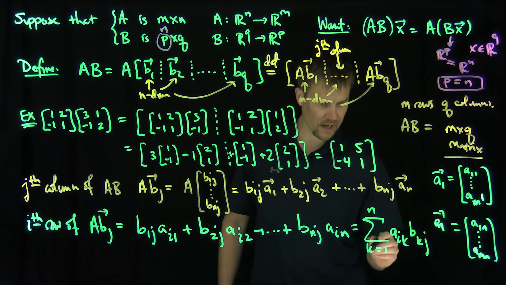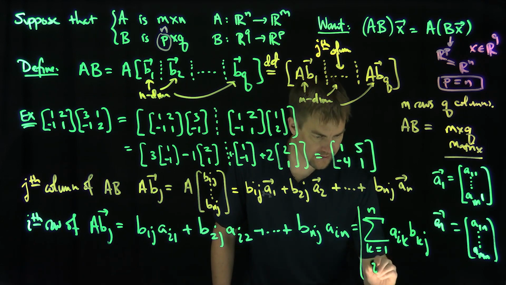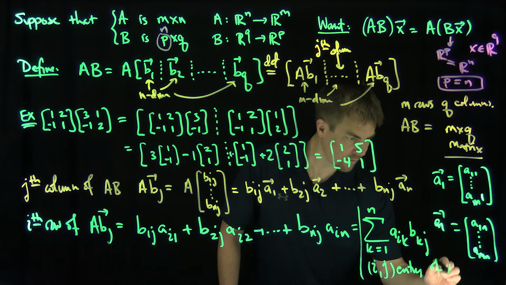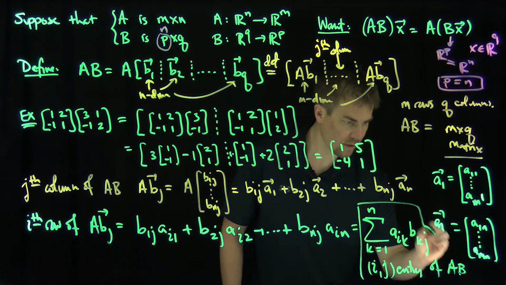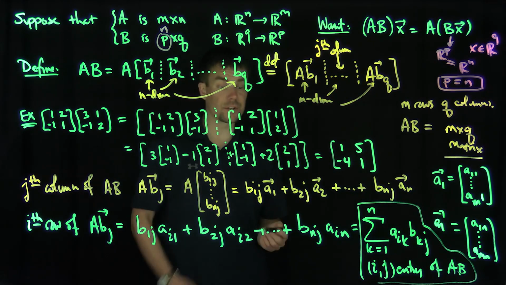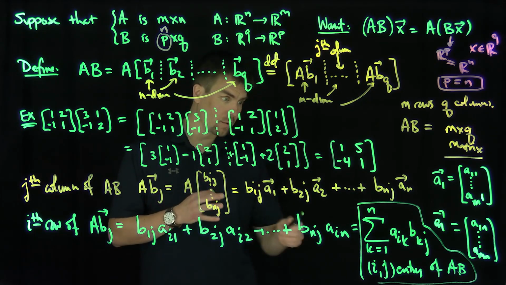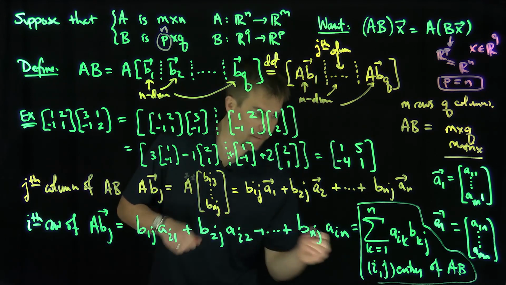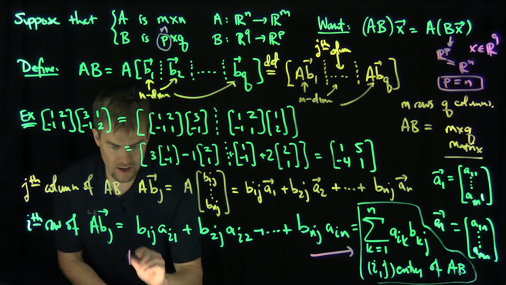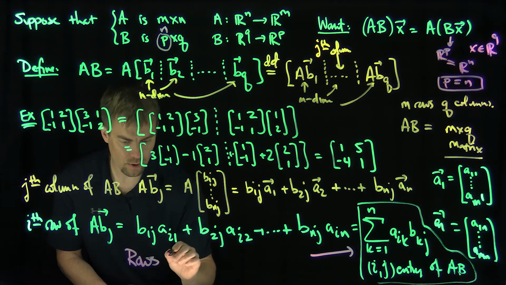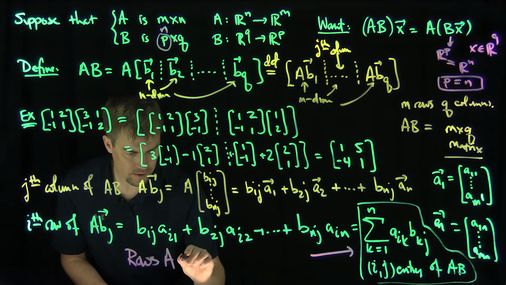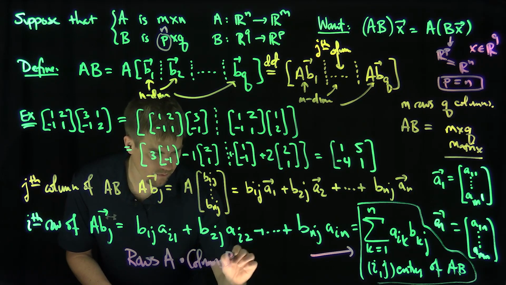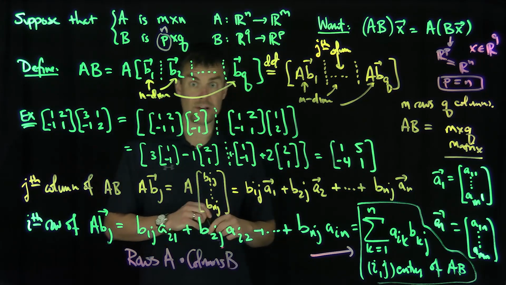So this formula over here is exactly the i,j entry of AB. And that's exactly just the dot product of the rows of A with the columns of B. So we do row dot column. That's what we're going to do.